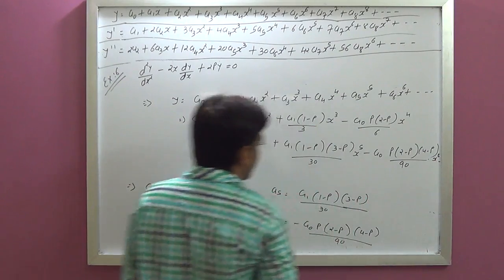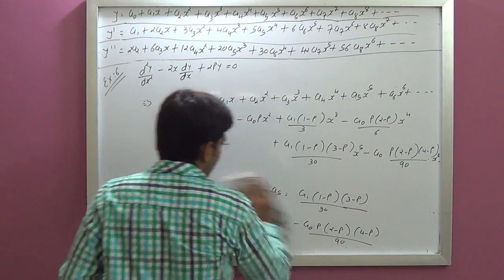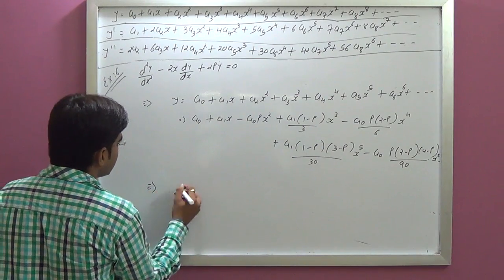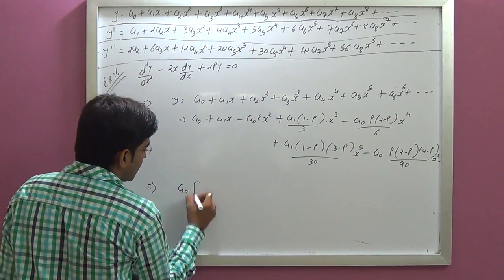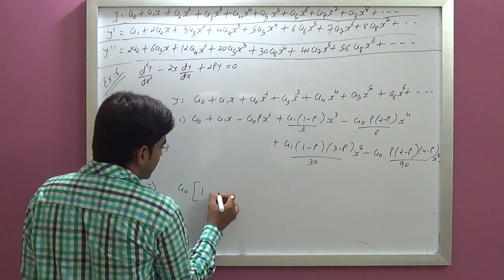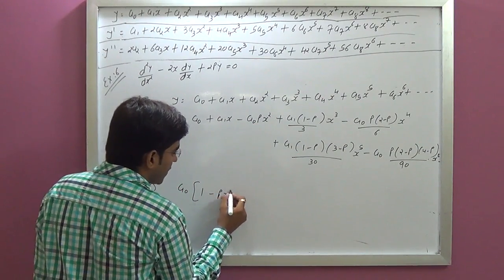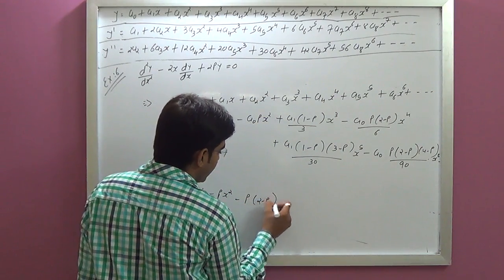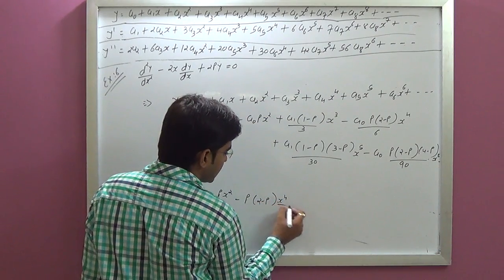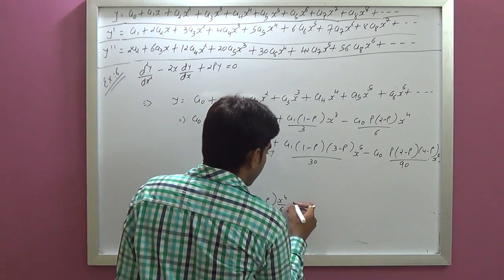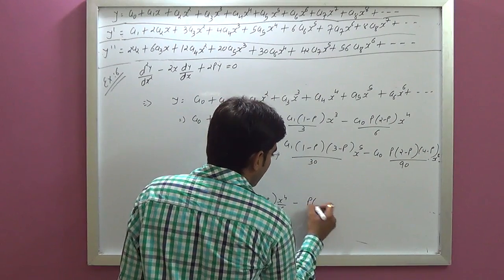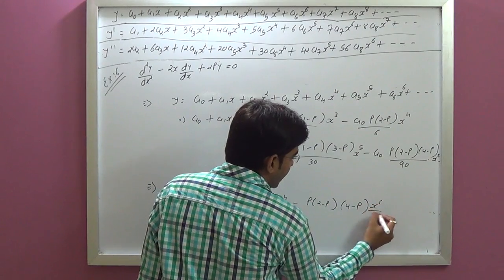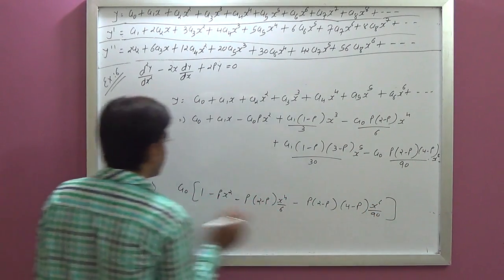Okay, now we common a0 and a1. That is our final answer. That means we common a0. We get 1 minus px square, and this term minus p 2 minus p x raised to 4 by 6, right? And minus p 2 minus p 4 minus p x raised to 6 by 90, right? That is the a0 part.